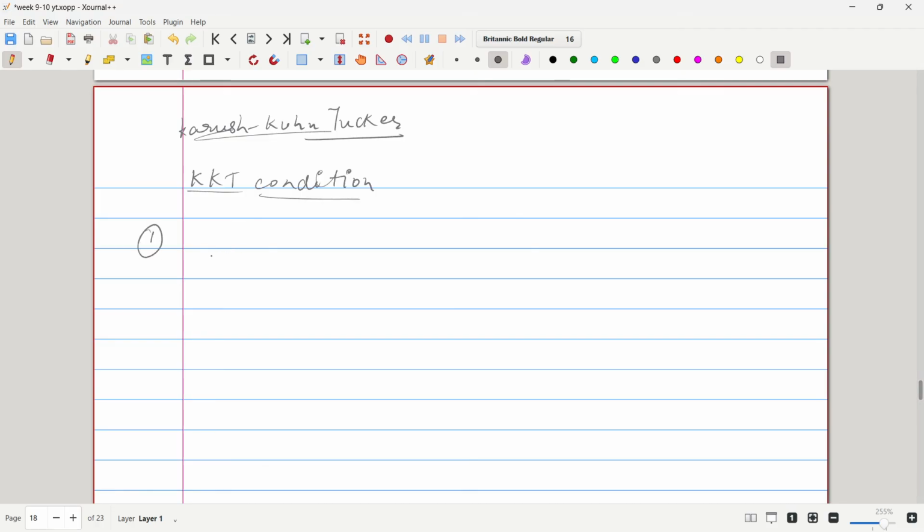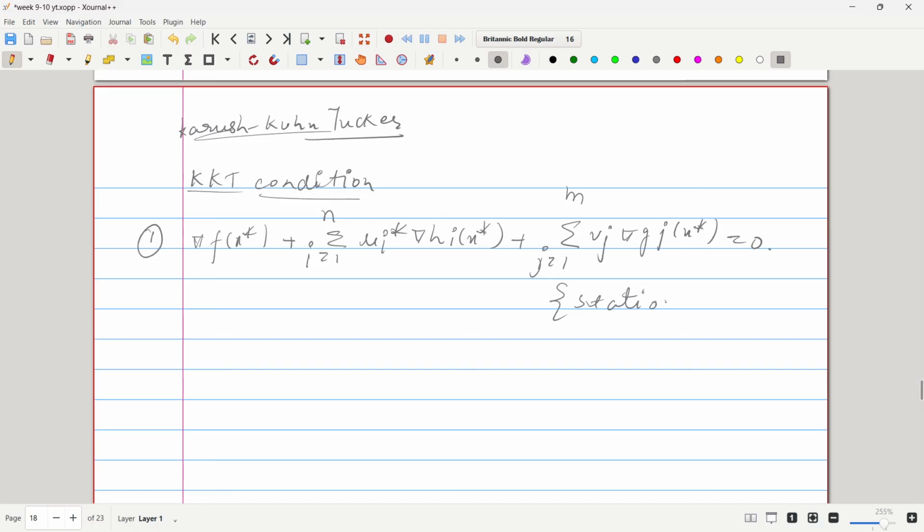The first condition is the gradient of f of x dash plus, suppose you have two constraints, the sum over i from 1 to n of ui times the gradient of hi of x dash plus the sum over j from 1 to m of vj times the gradient of gj of x dash is equal to 0. This is the stationarity condition.